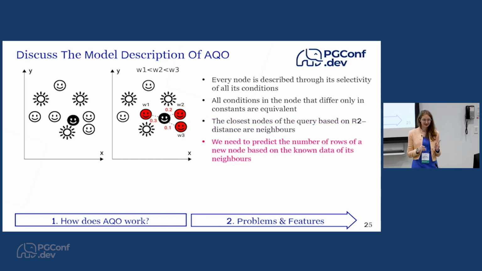We do it because we need to calculate the contribution of these neighbors to evaluate the cardinality for the black smile.